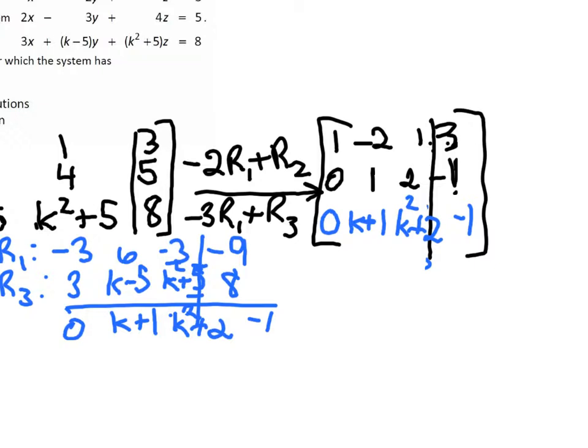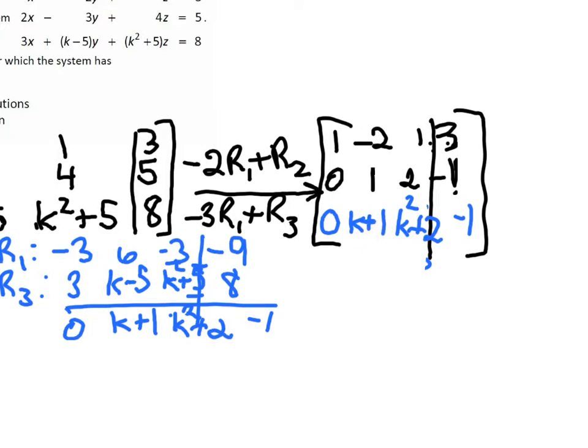Okay, I paused and rewrote that. I couldn't live with that sideways k squared plus 2. Okay, so the first 2 rows are in pretty good shape as far as row echelon form, but we should continue to reduce here and try to get a 0 in this position.